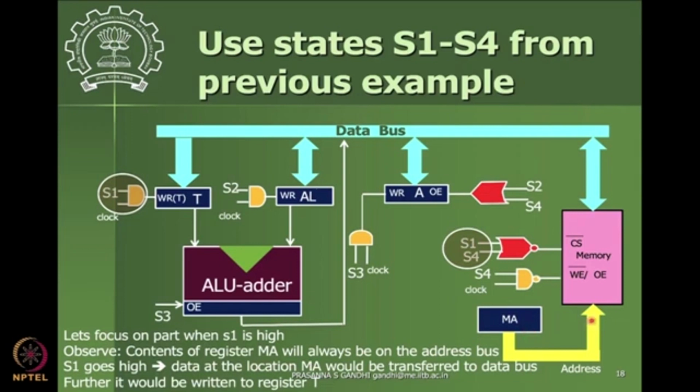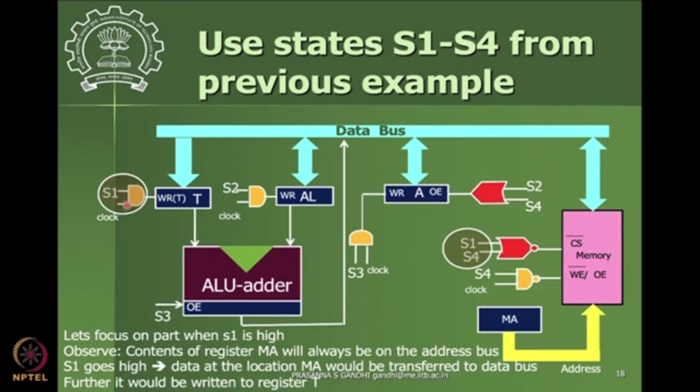The data at the location governed by this address, that data will be available on the data bus. What else is happening? When S1 goes high, that data is also getting written in the register T. So the data will be fetched from the memory location and given to the register T.